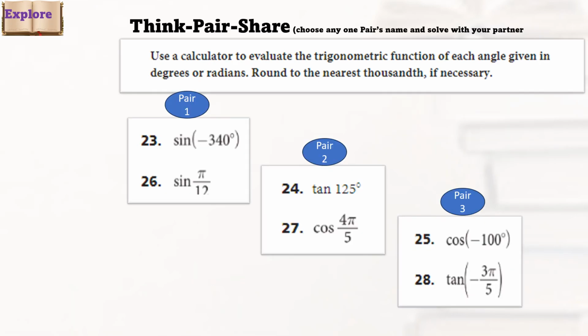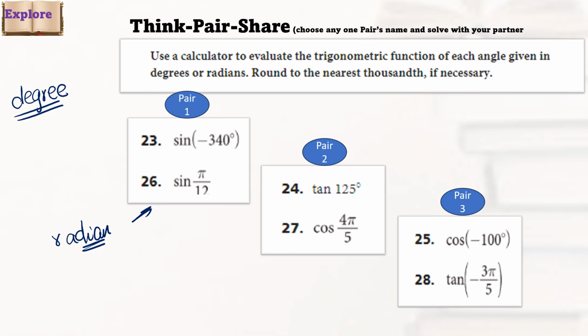I would suggest using the calculator and writing the answer. They are asking to write the answer in radian form and in degree form. When you write in degree form, you change the calculator into degree mode. When you write the answer in radian form with the pi, change the calculator into radian mode, and then evaluate it.